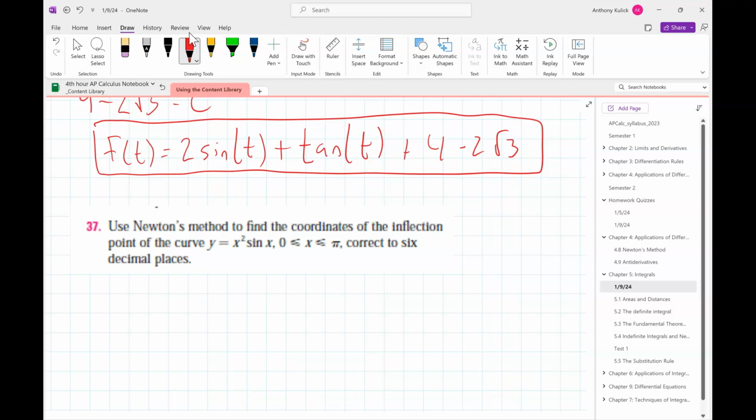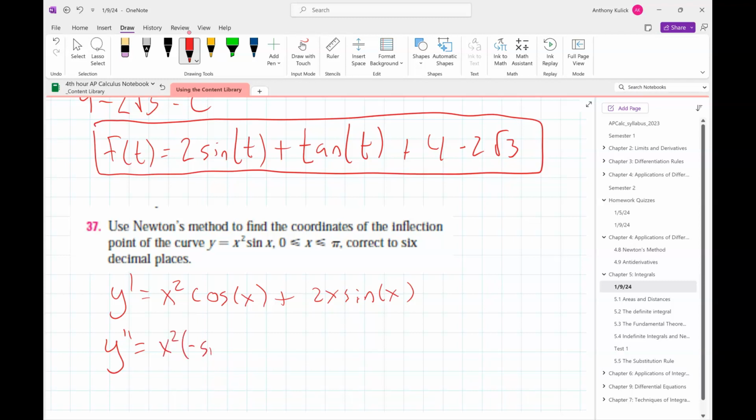So the inflection point comes from concavity, setting the second derivative equal to 0. So my first step would be to calculate the second derivative. To do that, I'm going to need to do a product rule for the first derivative, and the second derivative is also going to be 2 product rules here.